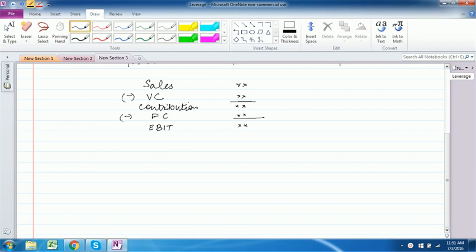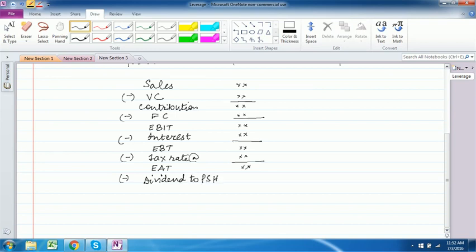From earning before interest and tax, you deduct the interest. This gives you earning before tax. Out of earning before tax, you will deduct the tax. This will give you earning after tax. In case there is preference share capital, you will deduct the dividend payable or paid to the preference shareholders.